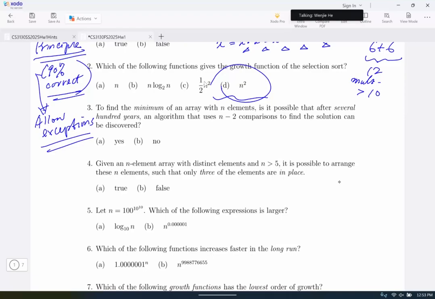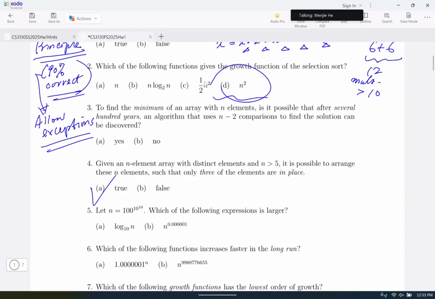This one, when you choose, the correct answer is true, but I hope you know how to get it, right? Not by guessing. So how to get it? 3 elements in place. First, you fix those 3 elements.